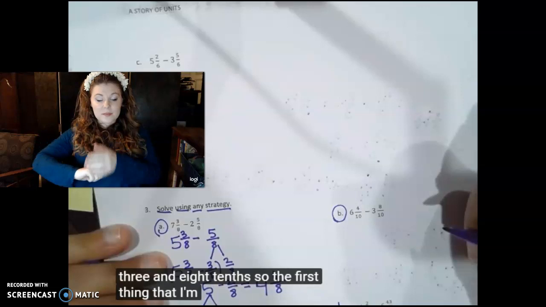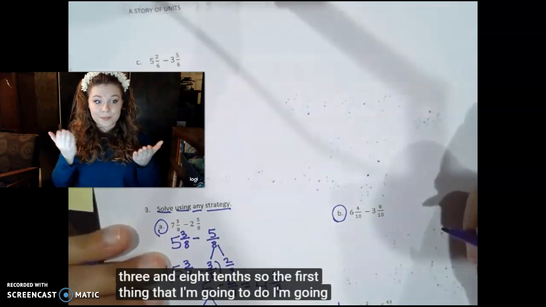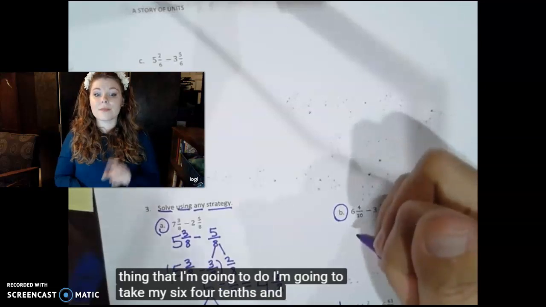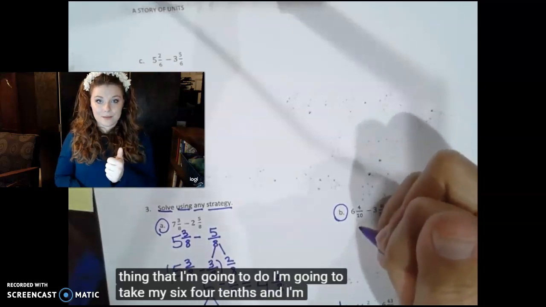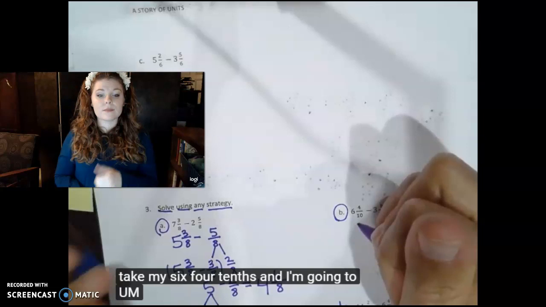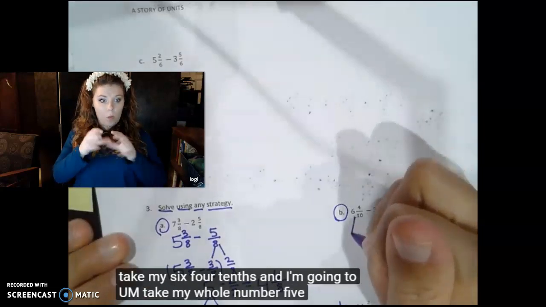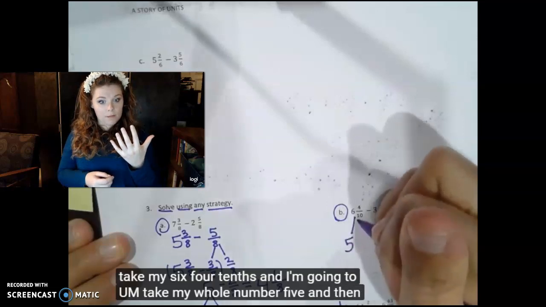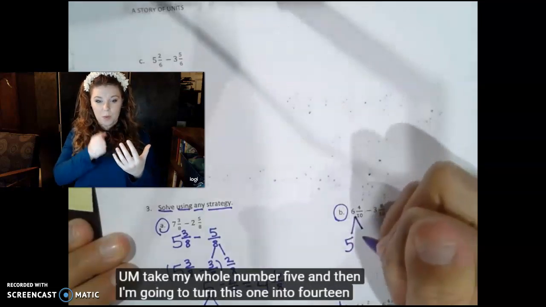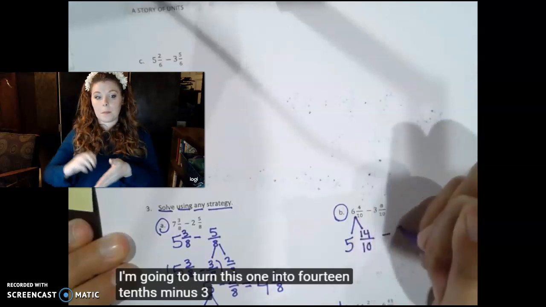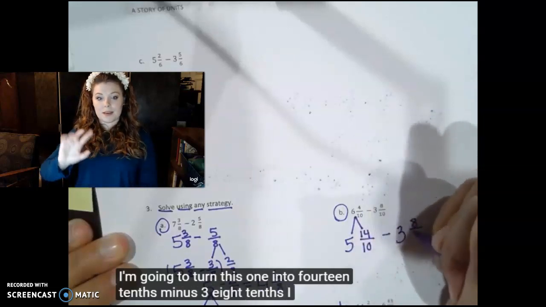So the first thing that I'm going to do, I'm going to take my 6 4/10 and I'm going to take my whole number 5, and then I'm going to turn this one into 14/10 minus 3 8/10.